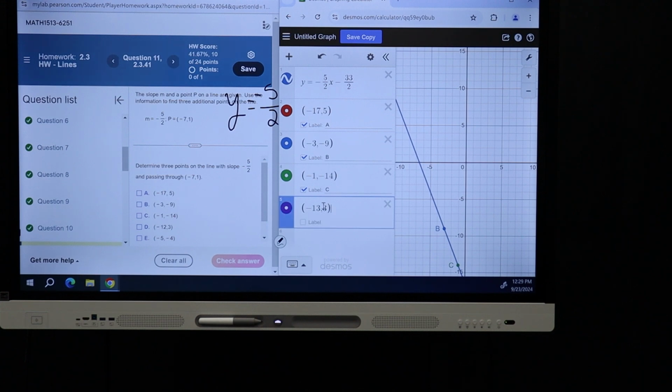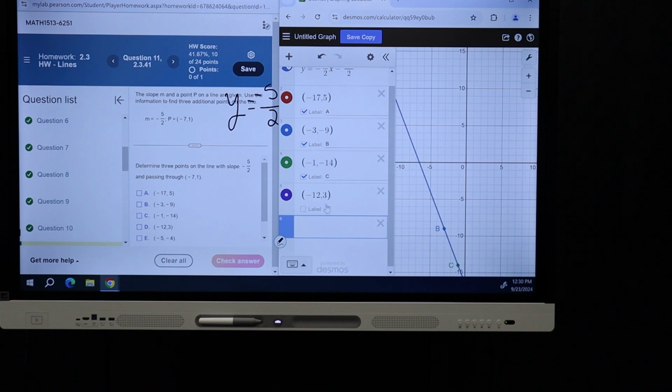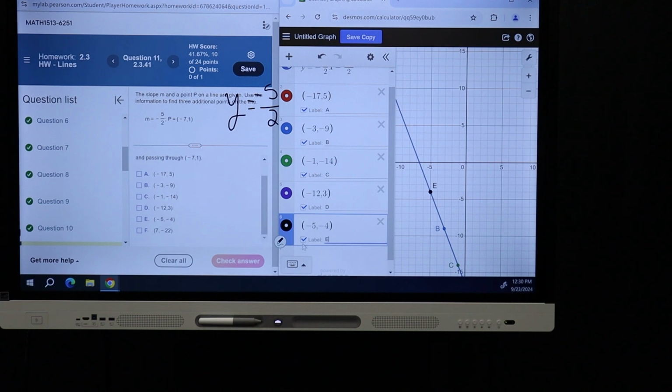Oh, I did 13 instead. Negative 5, negative 4. I think there's one more point. And this one is 7.